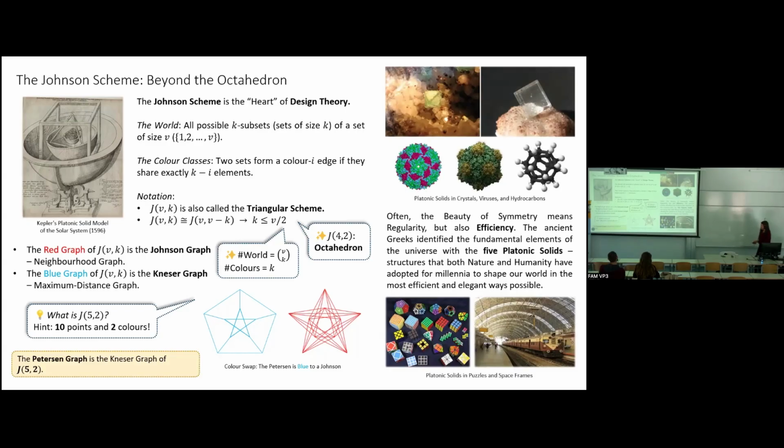This is actually where our journey should start, but it's okay. So these are applications. As I said at the beginning, and I will never stop saying this, beauty or symmetry in nature means regularity, but mostly stability and efficiency. That's why nature, more smartly than us, goes for it and organizes the shapes that we are surrounded by using these Platonic solids.